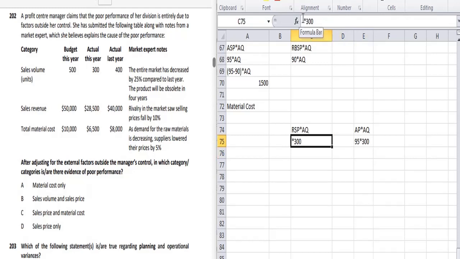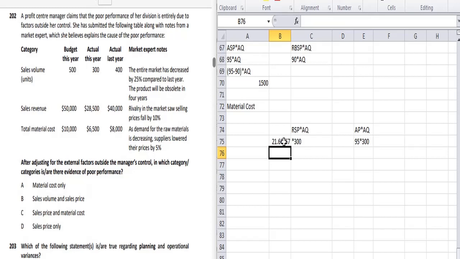Now the revised selling price. It says as the demand for the raw material is decreasing, the supplier lowered their price by 5%. How many units have we sold? 300, so dividing 6500 by 300, this is the price, and it should be lowered.